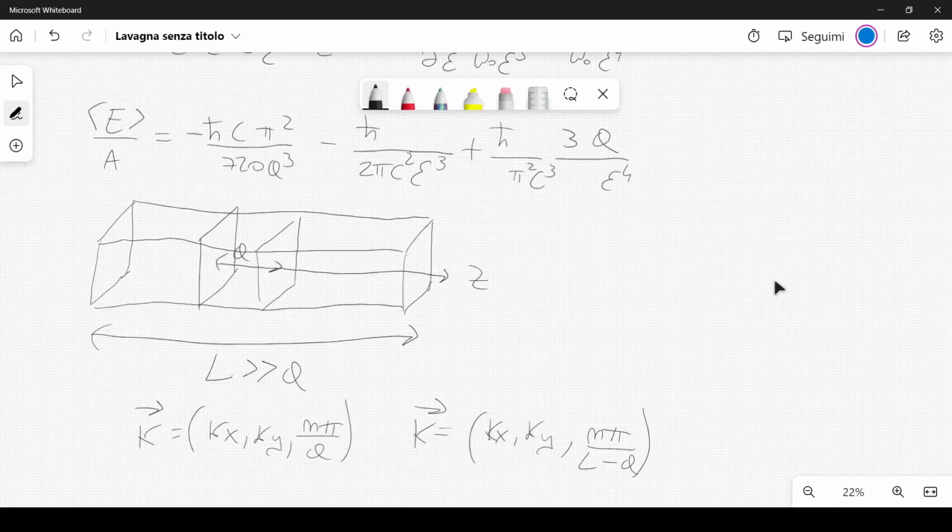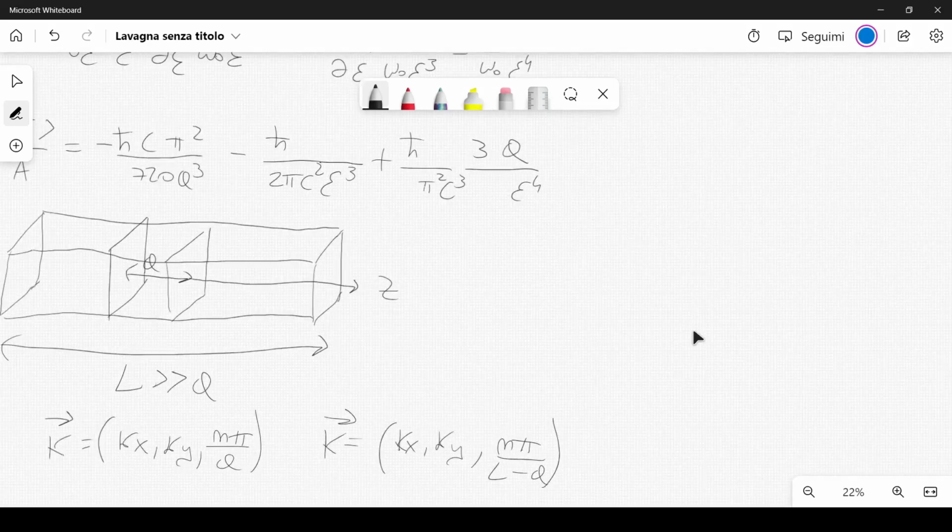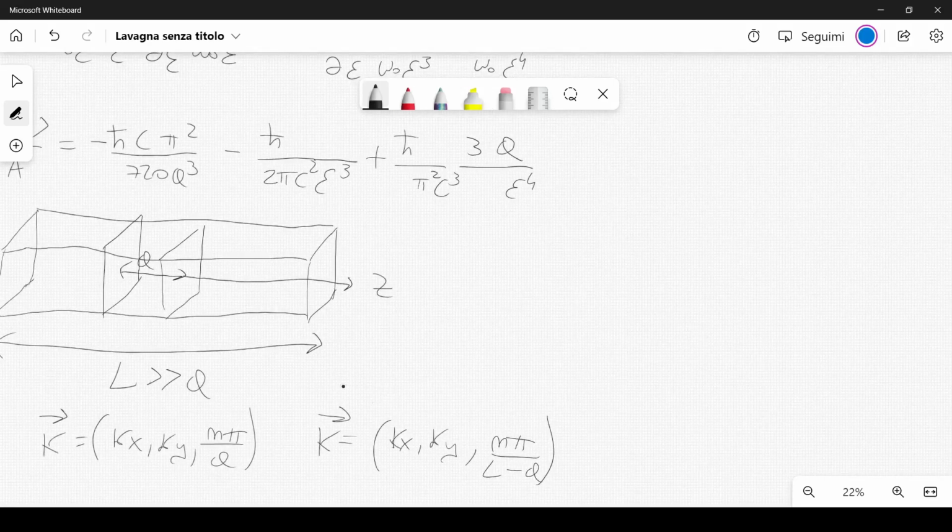Then, if we did all the calculation, but in this case using k equal to this, we would get something very similar to that, but the only difference is that instead of a, we have L minus a.